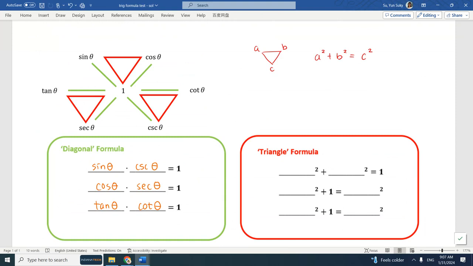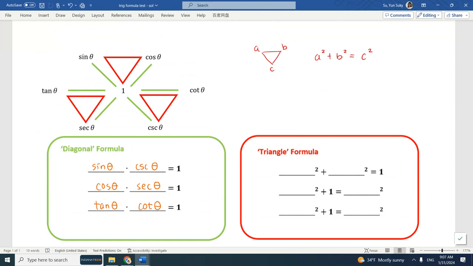The hexagon just helps us memorize those trig identities. Be careful: this is not the Pythagorean theorem. The Pythagorean theorem tells us about the sides of a right triangle, where A squared plus B squared is the hypotenuse squared. But this is just a diagram to help us memorize the formula.